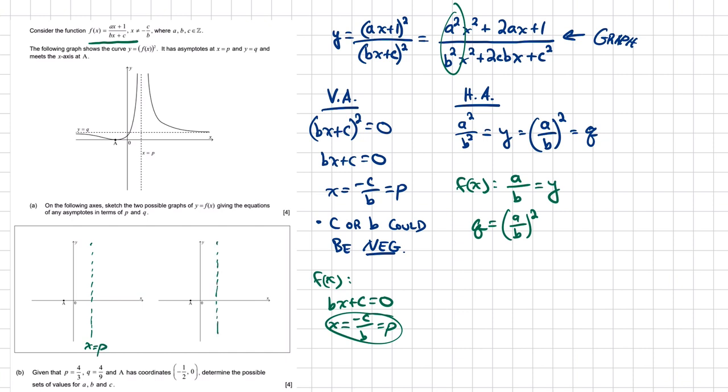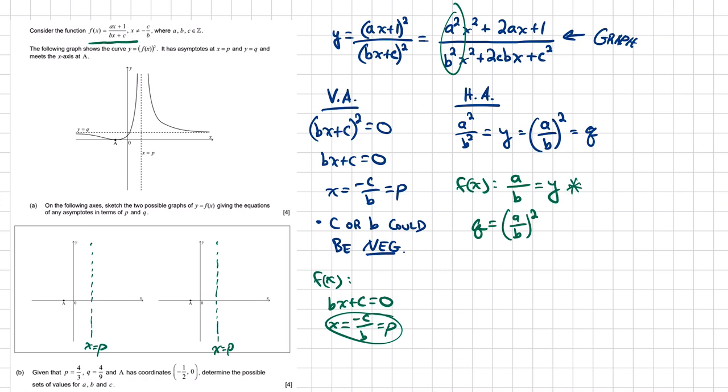However, I need to think about how I can represent my f of x horizontal asymptote in terms of q.